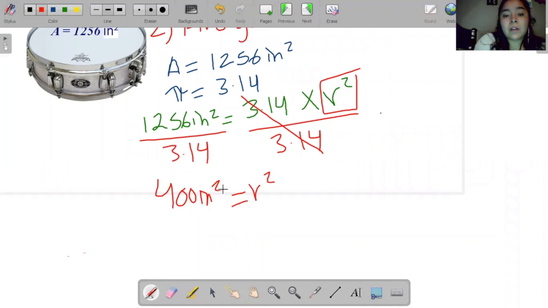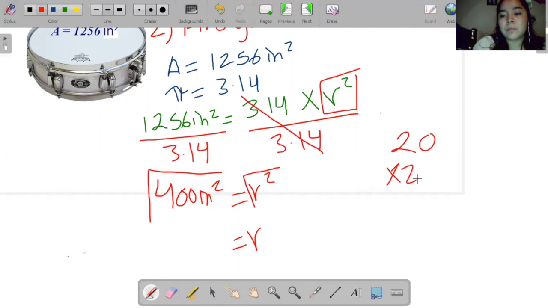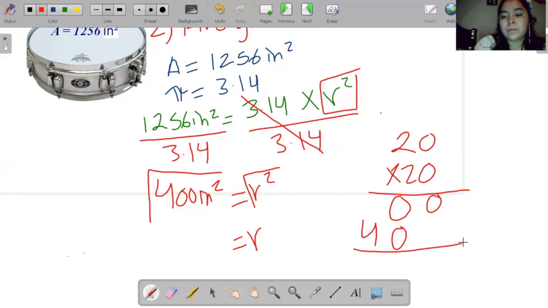Now to find the value of r, not r squared, only r, we're going to take the square root of both sides. So r is equal to... one number that when we multiply by itself will give us 400. 20 times 20: 0 times 0 is 0, 2 times 0 is 0, 2 times 2 is 4.